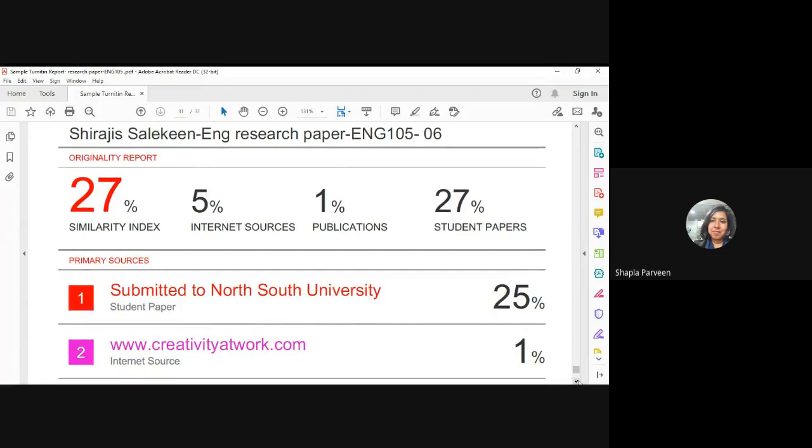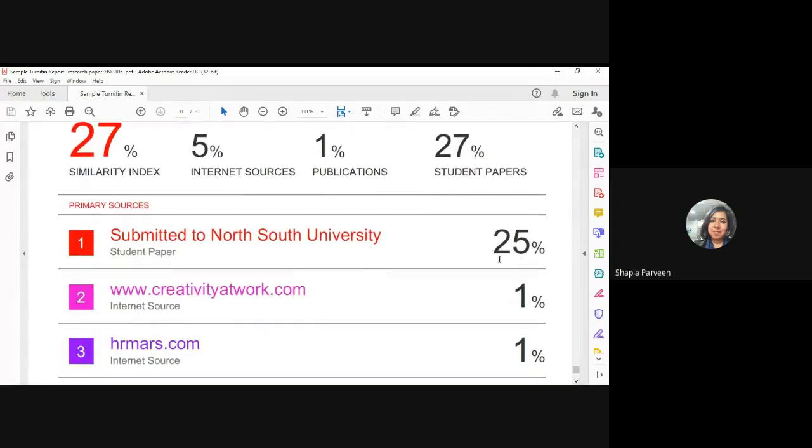Now here you can see the colors. So 25% similarity was actually taken from students' papers submitted to North-South University. So a lot of things were similar to the students' papers.